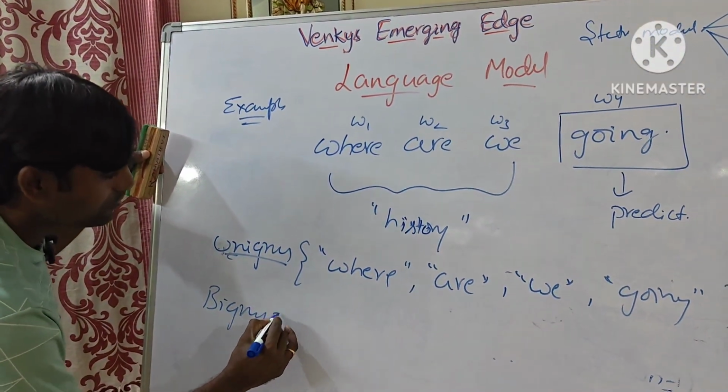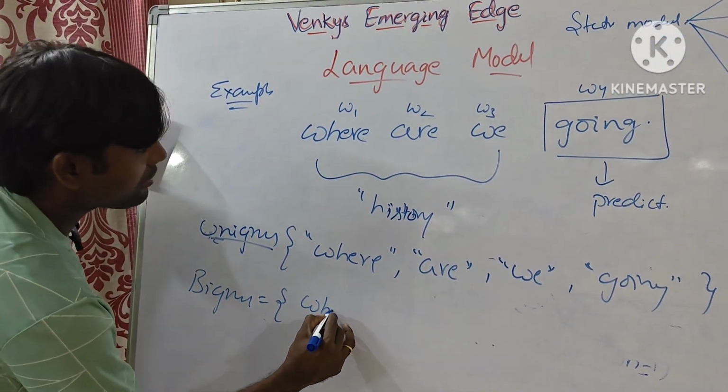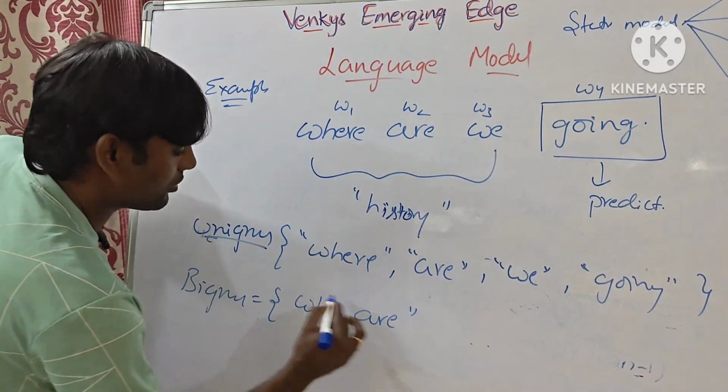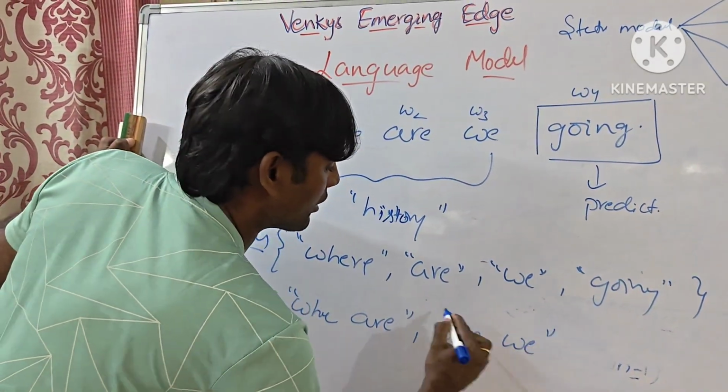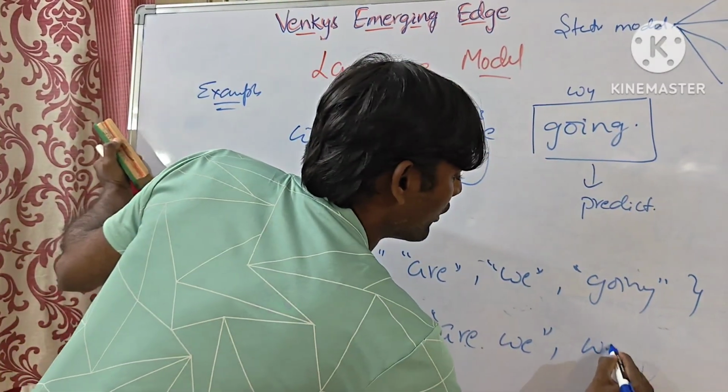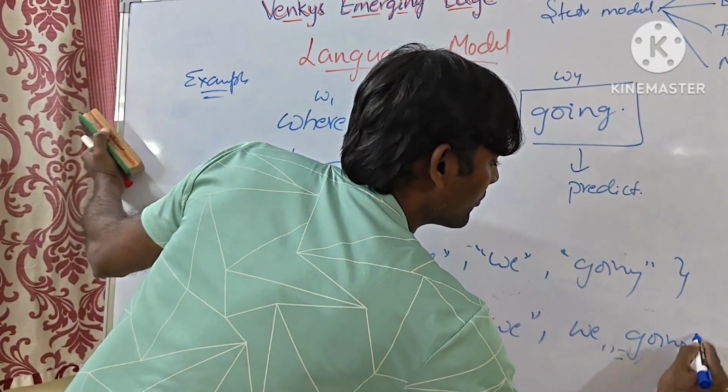Bigrams: "where are" is a bigram, "are we" is a bigram, "we going" is a bigram.